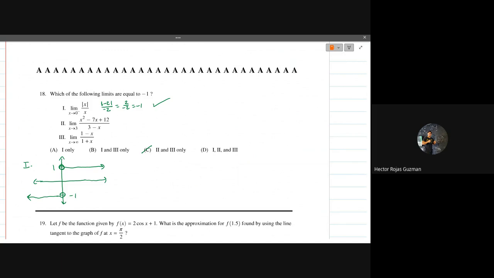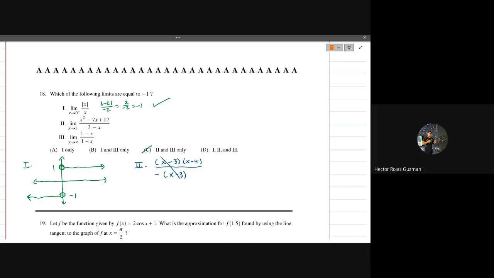And number 2. For number 2, let's see, can we factor it? Two numbers that multiply to 12 and add up to negative 7, (x minus 3) times (x minus 4). For the denominator, we're going to factor out a negative, x minus 3.